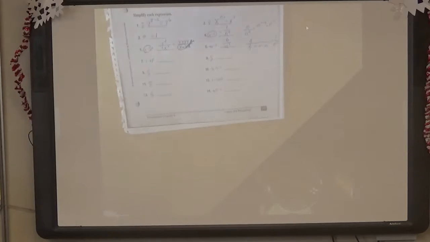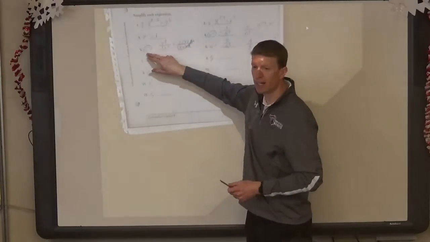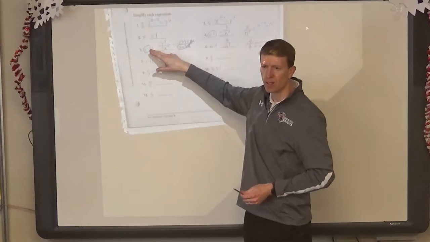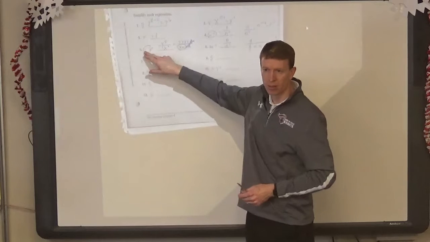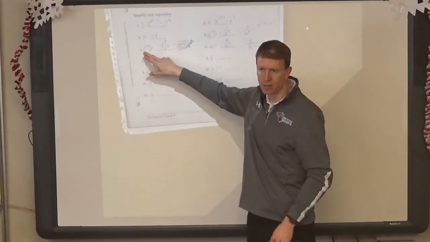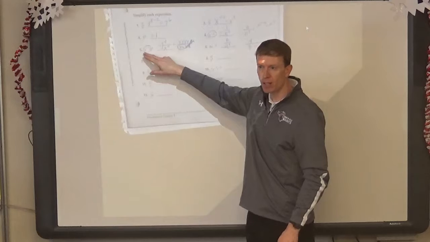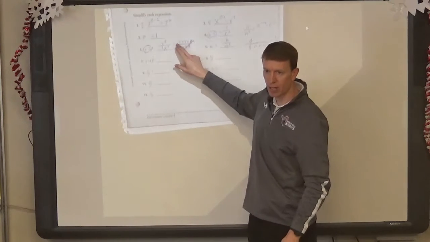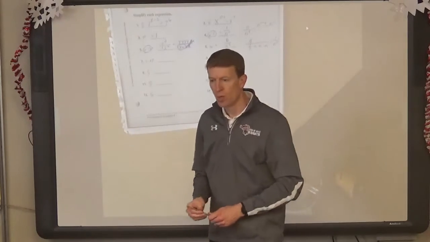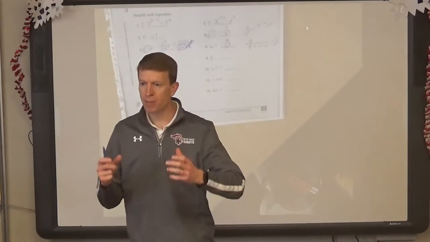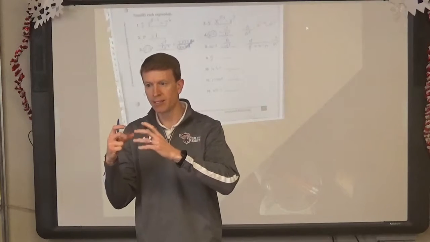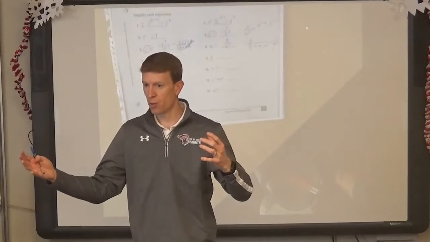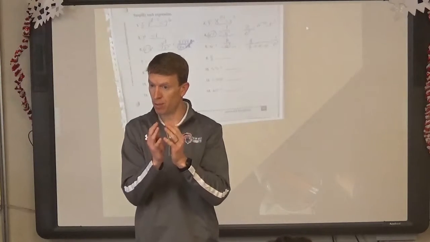I'm showing you how this situation could be created, because what it's just giving you is the answer. This is the answer to a question with a negative exponent, and this could be created by this situation. It's kind of like when you're doing math, sometimes they just give you the problem, and sometimes they put the problem in a word problem, in a real world situation that creates that problem.